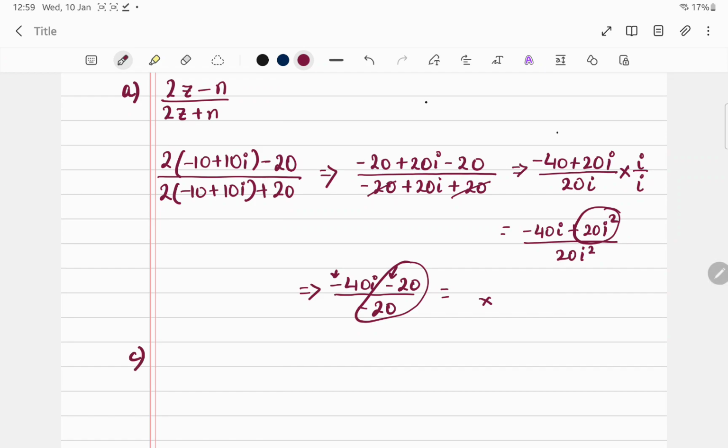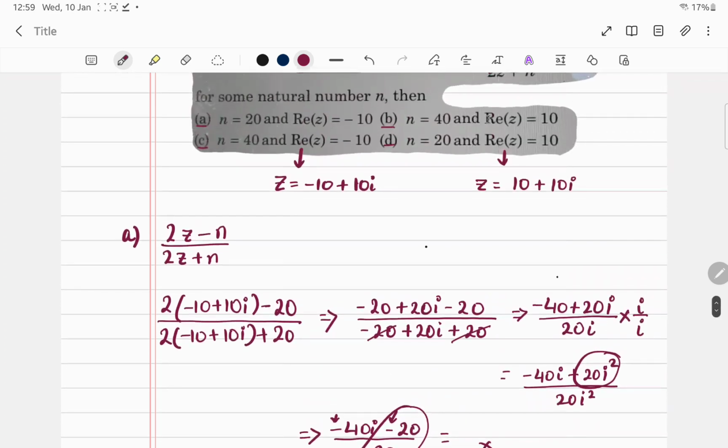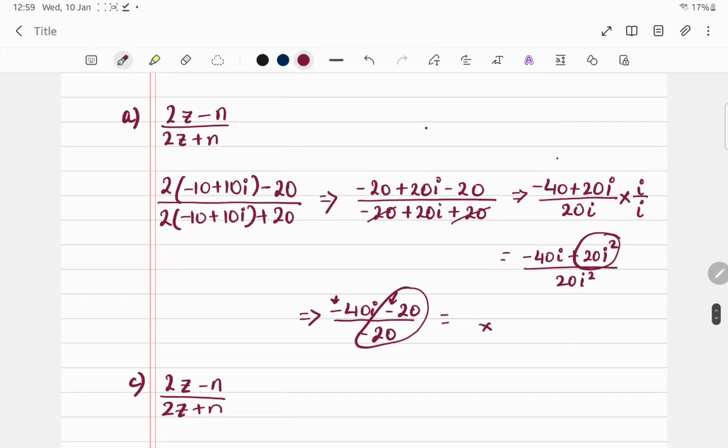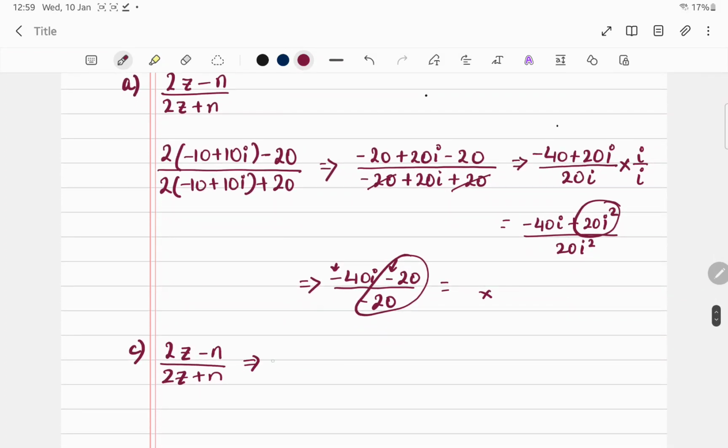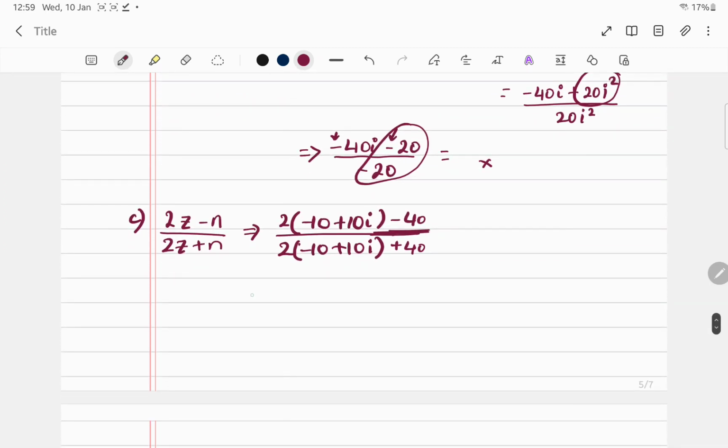Now let's start with the C one. Again, it is the same equation, 2z minus n over 2z plus n. n here is 40 this time. The complex number stays the same. So here we have 2 times minus 10 plus 10i, with minus 40 on the top and plus 40 on the bottom. It's just easier for me to write it this way. Now let's solve.